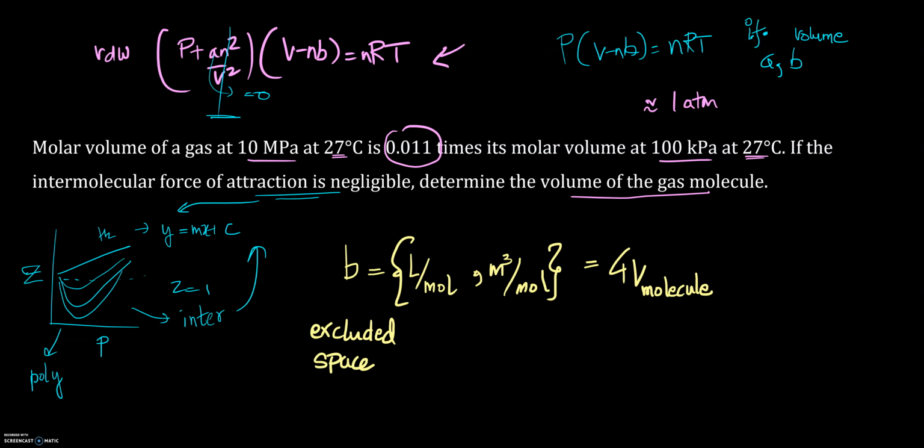I'm not going to get into it, but basically, if you have two hard spheres representing the volume of the gas molecules, when they touch each other, no other molecule can occupy that space. Hence, this is the excluded space. After the derivation, you get that it is equal to 4 times the V, the volume of the actual molecule, provided you divide this by Na, to get rid of this mole business. Then you're talking about individual gas molecule volume.